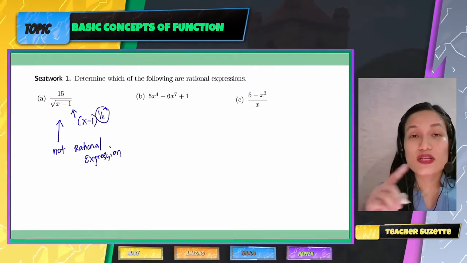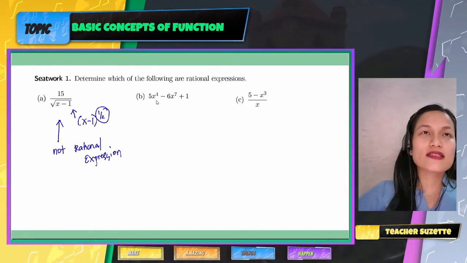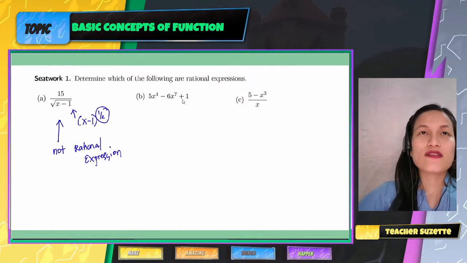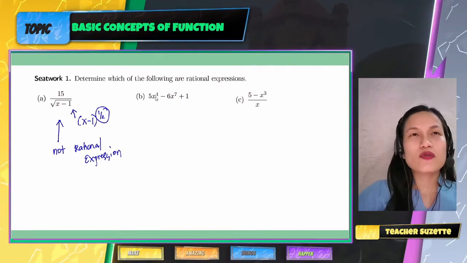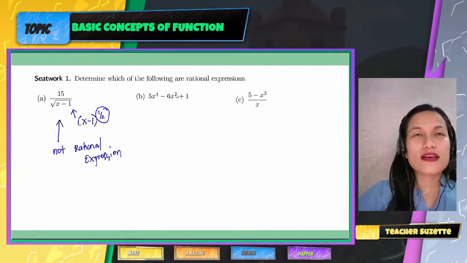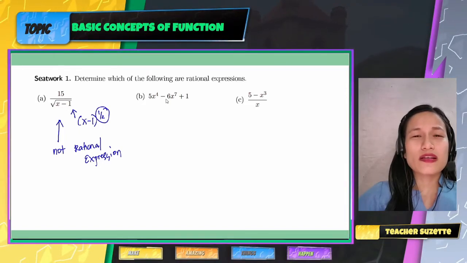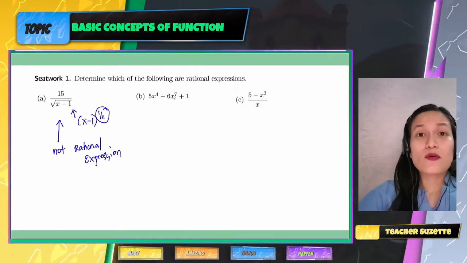Next, let's proceed with letter B. In letter B, we have 5x raised to the 4th minus 6x raised to 7 plus 1. Here, you'll notice you have exponents 4 and 7, then a constant, and real numbers as your leading coefficients. So far, this is a polynomial.